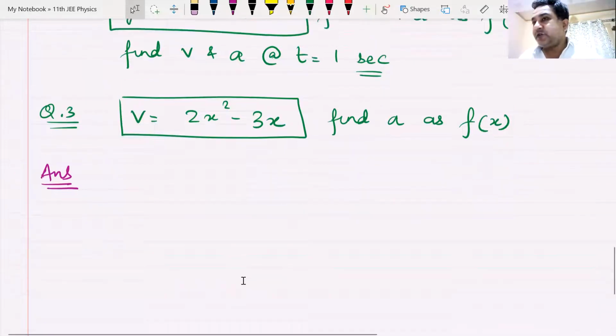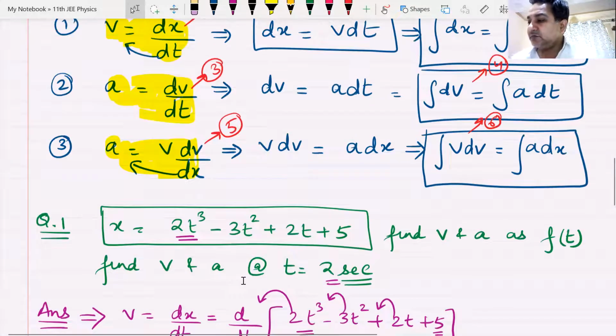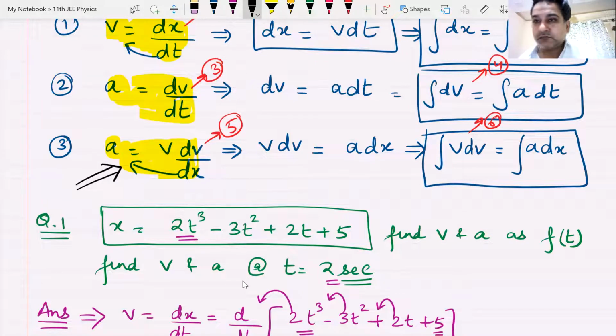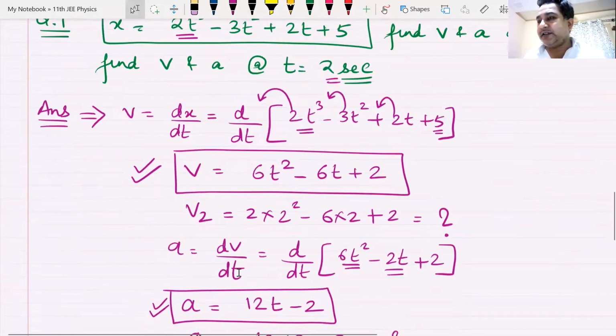Remember which form we are supposed to use now. This one. That is the hint. A is V dV by dx.